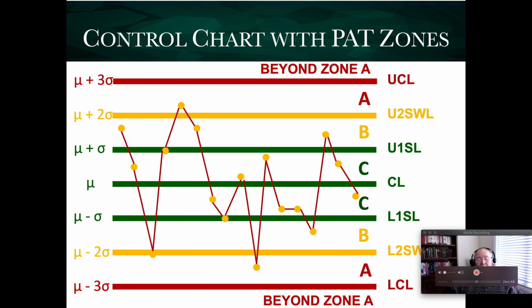Similarly, you see the A down below. And the A down below is between 2 and 3 standard deviations away from the center line, just less than whatever that center line coordinate value is. So those are the zones on the chart, and we will analyze the data and how it's plotting and what it is trying to tell us by virtue of how it plots relative to those zones.